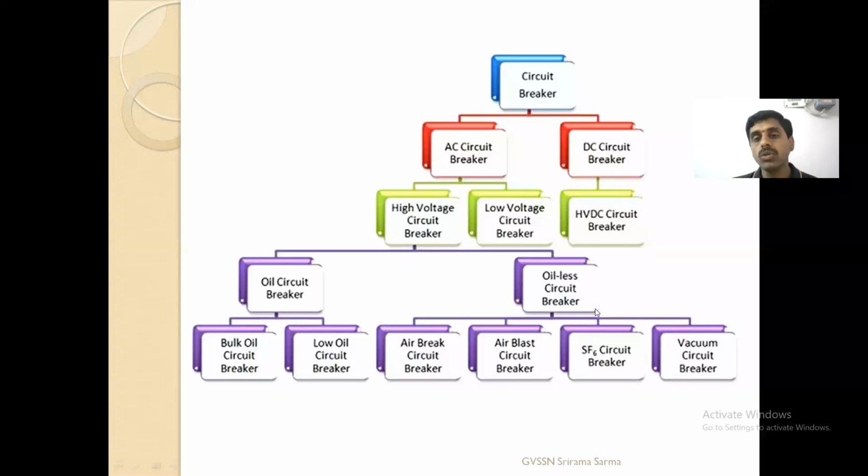Coming to the oil less circuit breakers, there are three types. That is air circuit breakers, in that air there are two types: air brake and air blast. Then SF6 and vacuum circuit breakers. This is the total classification of the various breakers in the high voltage switchgear.